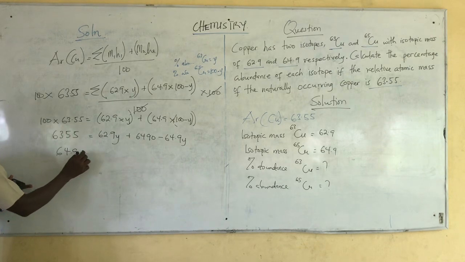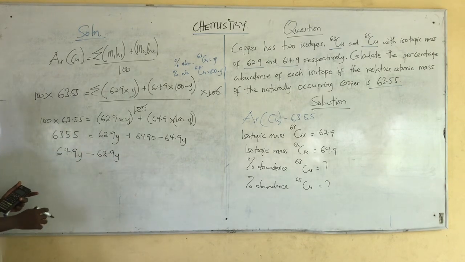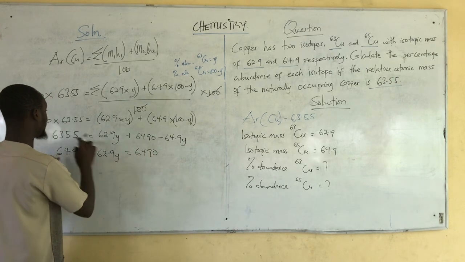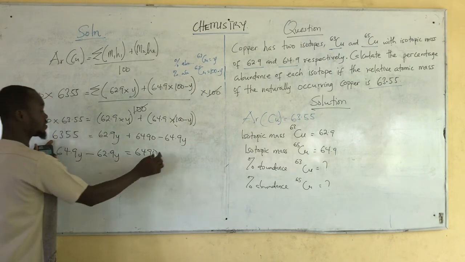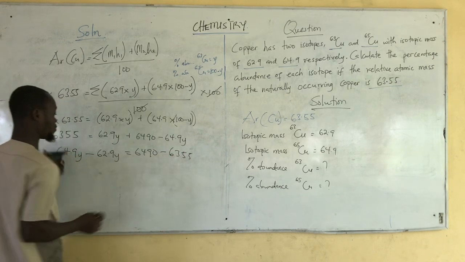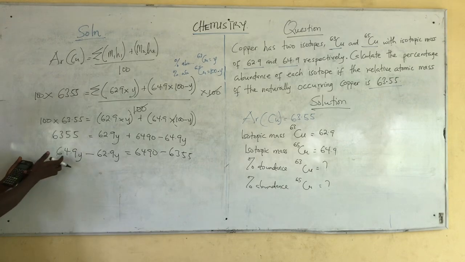Once it crosses, it becomes minus 62.9Y. Is that okay? And this is equal to 6490. So this one also crosses, minus 6355. Is that okay?